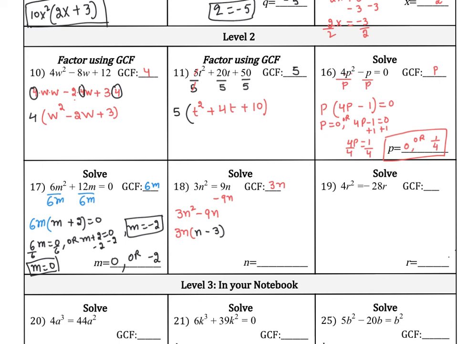Put them equal to 0 one by one, and then find the n value. So n should be 0 or 3 in order to make this standard form equal to 0.